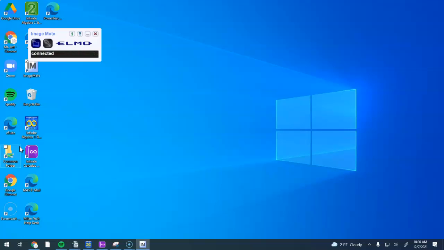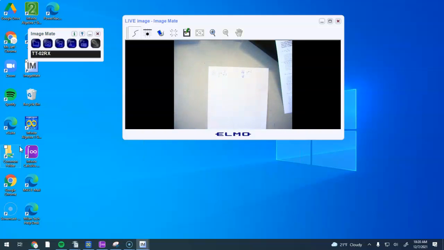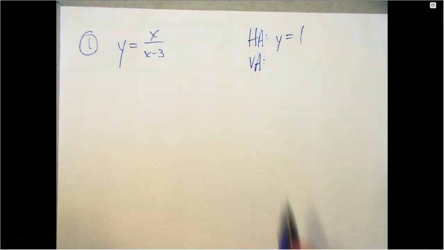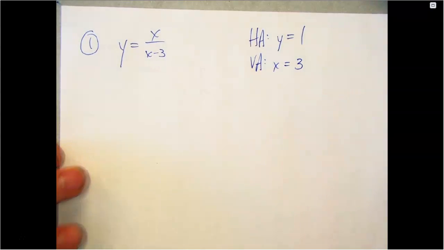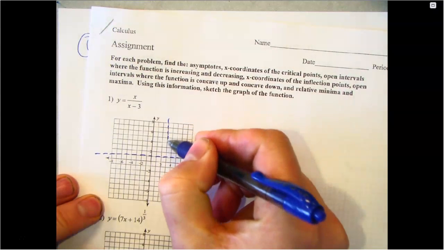So when does the bottom equal 0? x equals 3 at that spot. Does the top also equal 0? At x equals 3, does the top equal 0 also? It does not. So there's a vertical asymptote at x equals 3. Throw that on here too.